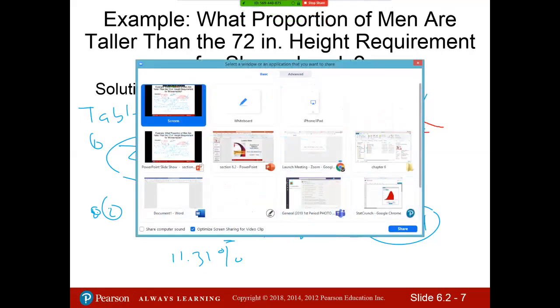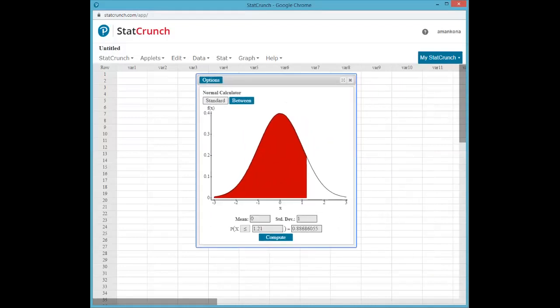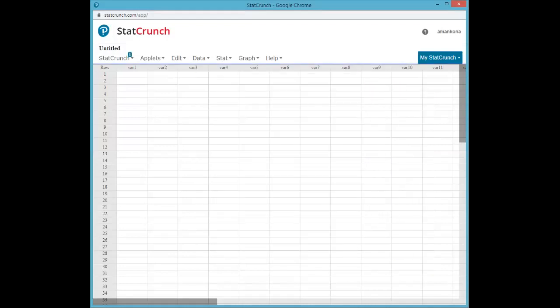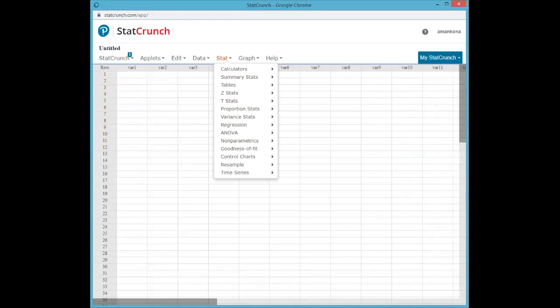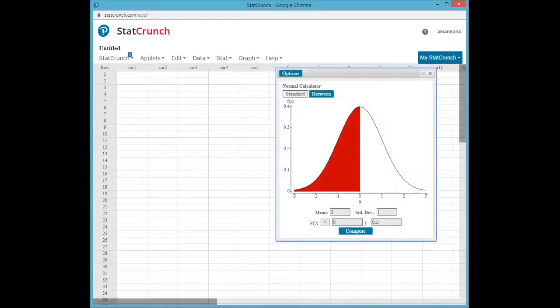I go back and share my StatCrunch. Here is my StatCrunch. How do we get to this point? You go to Stat, Calculators, and I pick Normal distribution. By default, the mean is 0 and the standard deviation is 1.